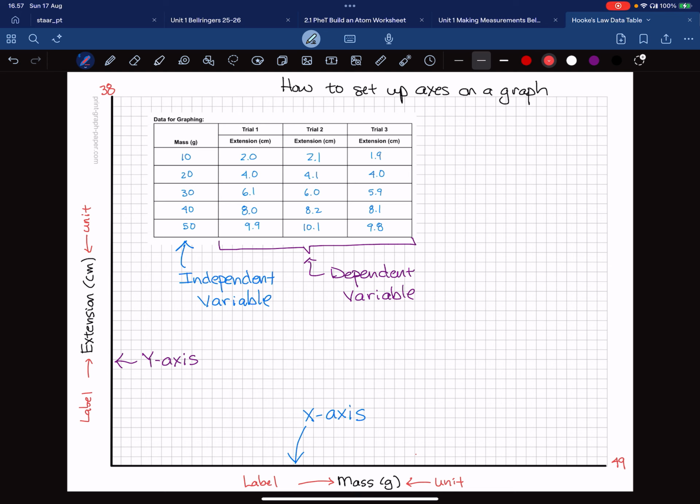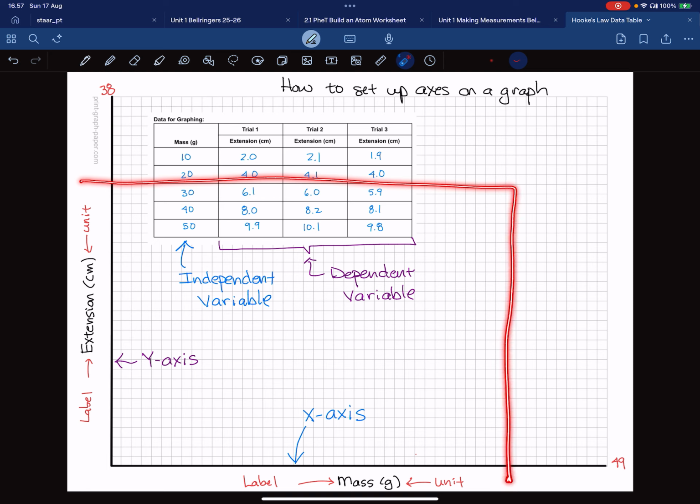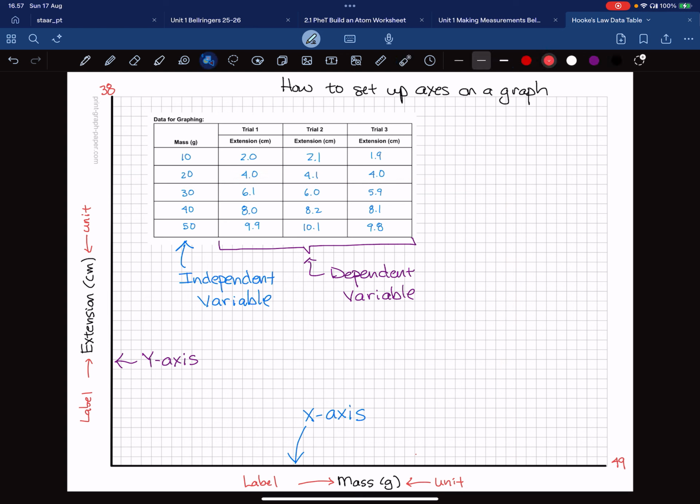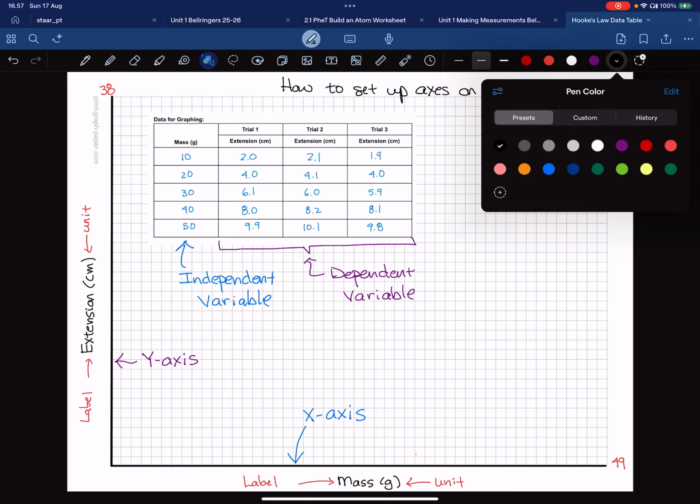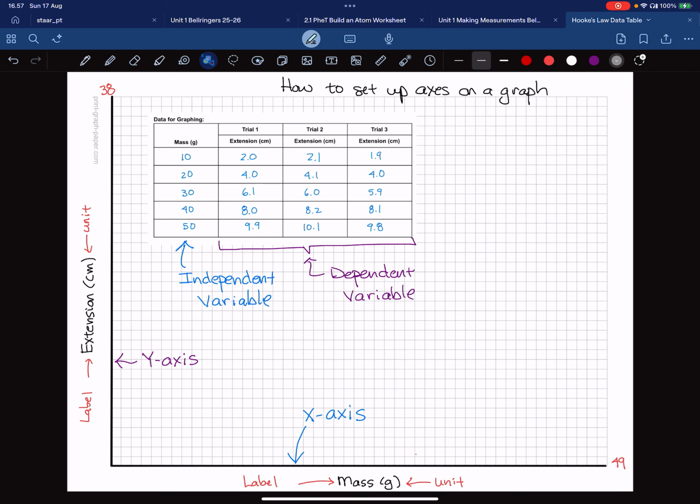Now, the trick to graphs is you want to have your graph take up approximately 2/3 or more of the graph paper. So in general, you're going to want your graph to take up about this much space.